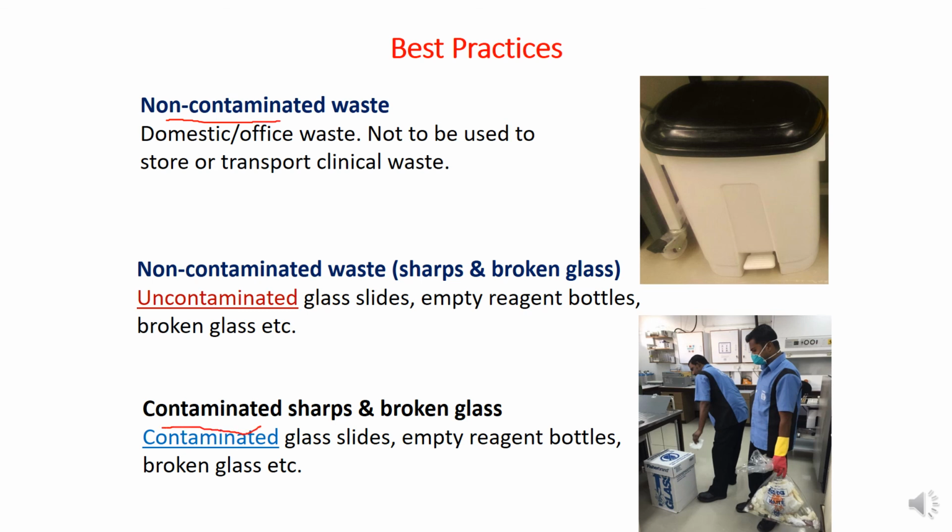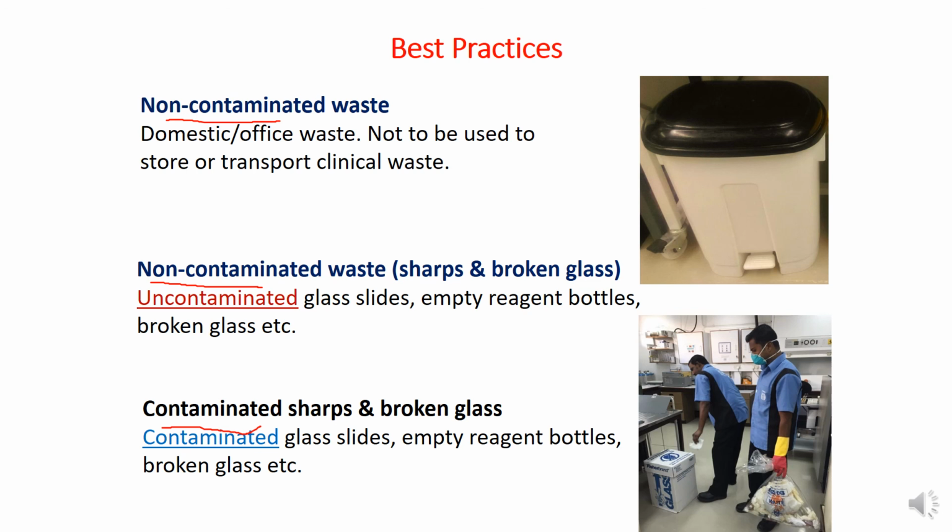Sometimes it's contaminated and sometimes it's non-contaminated, okay. For example, sharps or glassware that are non-contaminated, we have to deal with separately. So the same waste that is contaminated and non-contaminated, we will not dispose of into the same container.